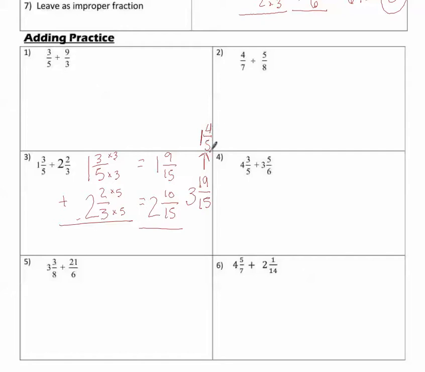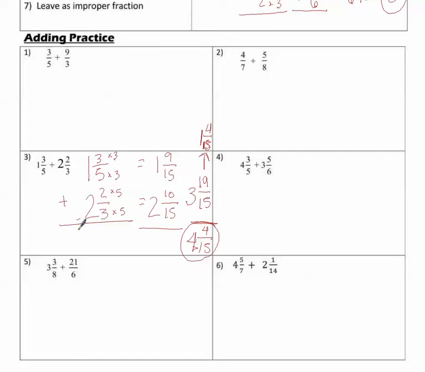So you need to keep this 4/15 as your fraction, but you need to add your whole numbers together again. 1 plus 3 is 4, and 4/15 as your final answer.